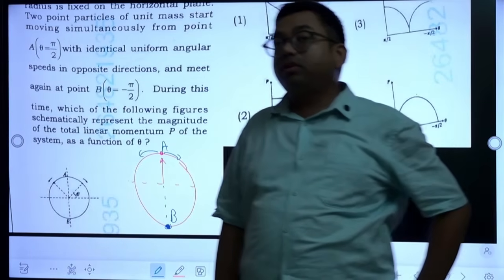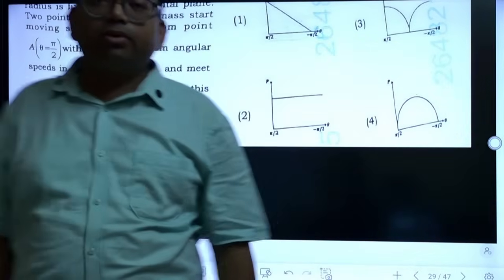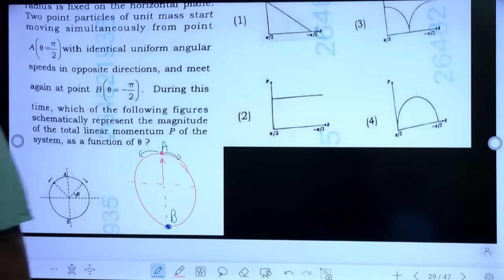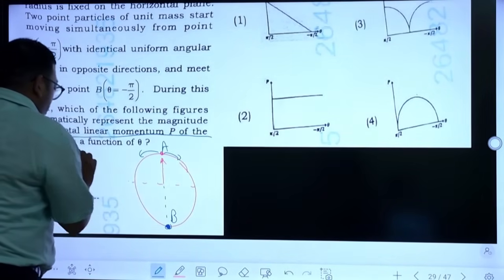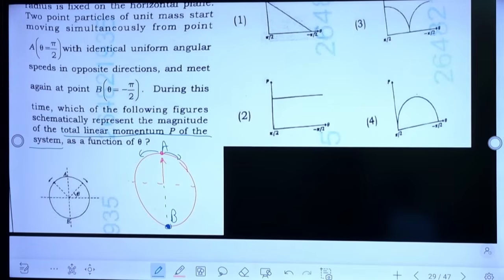That also we need to think about. Total linear momentum P of the system, they are saying. System means both the particles, but note that linear momentum is a vector quantity.